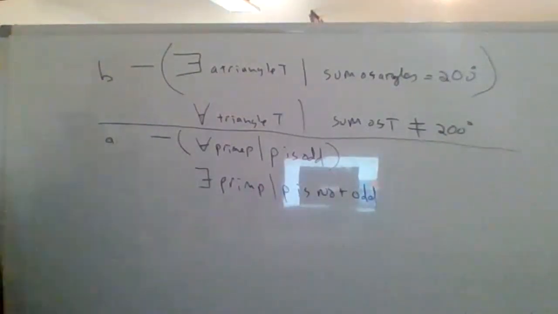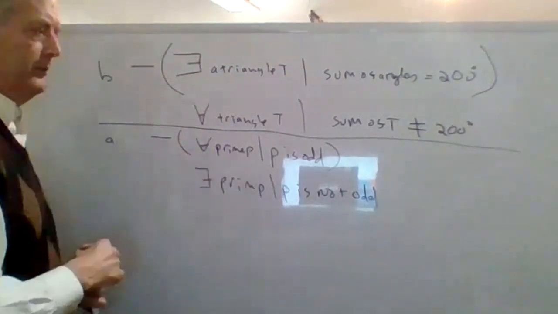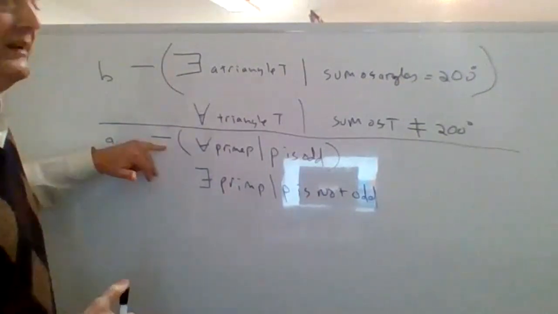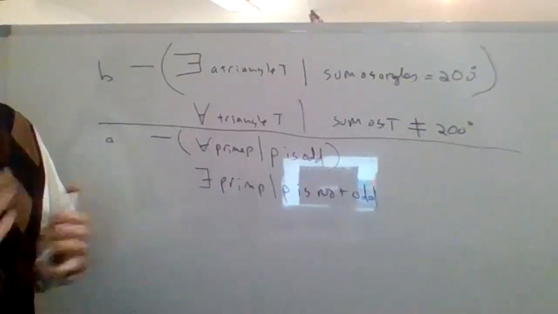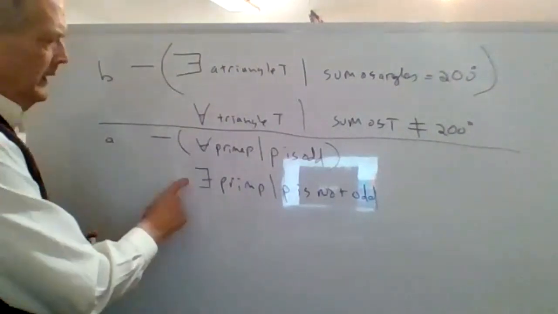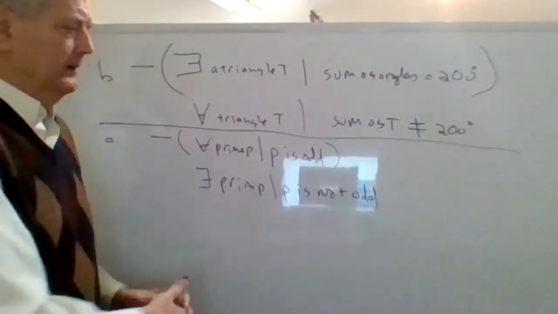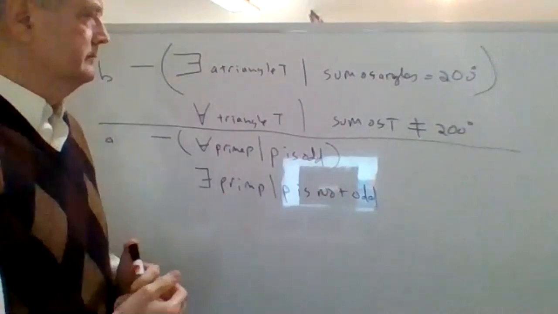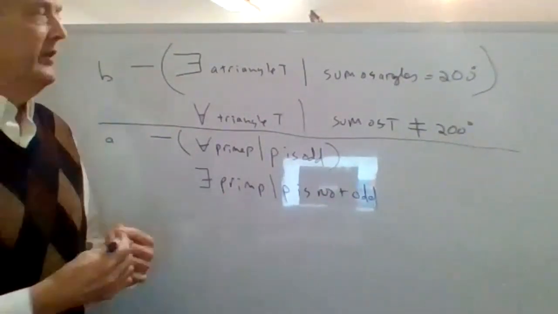So for A, our universal statement was for all prime numbers P, P is odd. We want to take the negation of that, which means that for a negation of a universal, there's at least one exception. So the negation is going to be, there exists a prime number P such that P is not odd. And then for B, we have our existential statement.